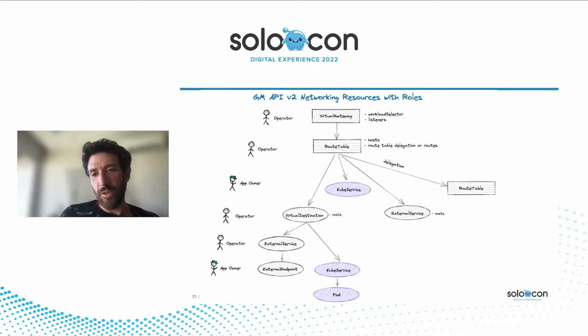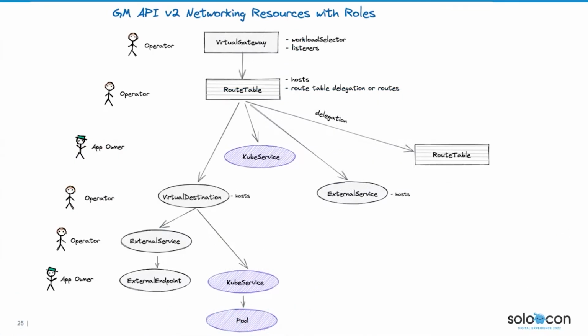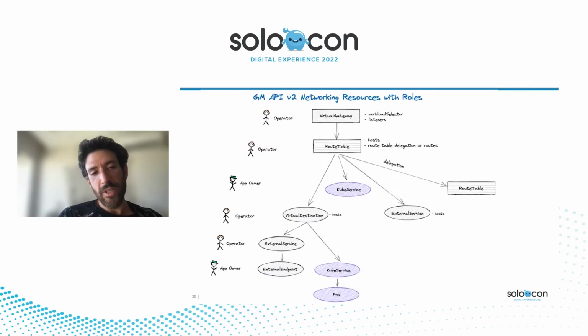So let's take a look at the actual resources that are involved in configuring this in the Gloo Mesh world. So the operator is responsible for defining a virtual gateway. This is essentially a template for a gateway listener that's going to sit and receive traffic from the external world. Just like in Istio, we don't define the routes there. The routes can be delegated. So route tables in our system, they can be defined depending on the use case.